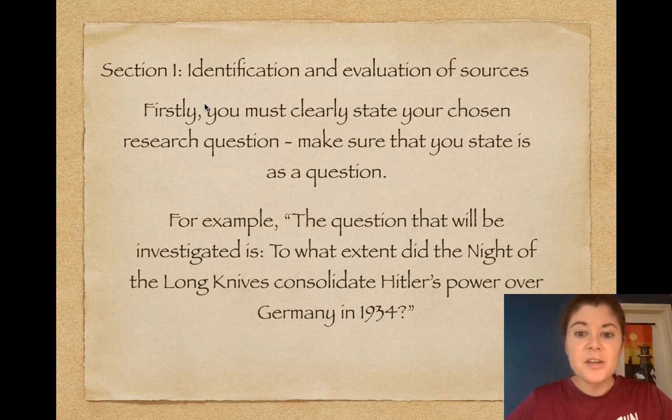The question that will be investigated is, to what extent did the Night of Long Knives consolidate Hitler's power over Germany in 1934? You can see that we've got a research question. It's very specific. It's specifying that what is going to be investigated is the Night of Long Knives, how it helped consolidate Hitler's power, and the year that's being focused on is 1934. So that's all that's needed there.